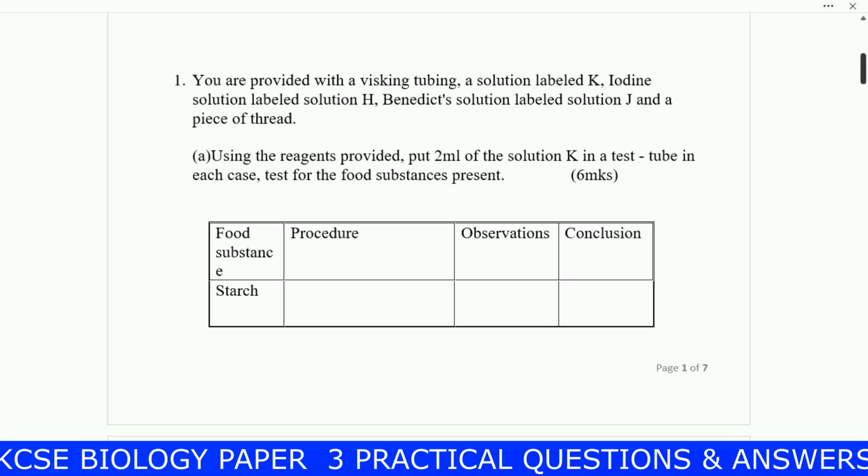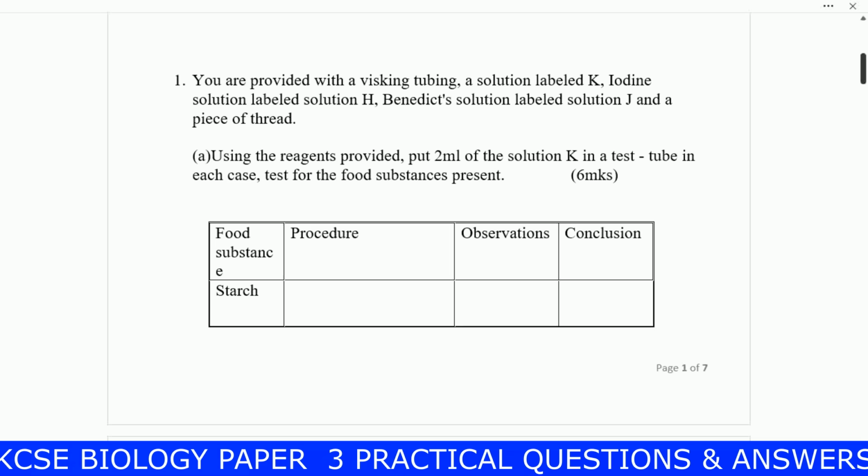So what is important for you is to be very careful. You should also have some knowledge of what you are testing. Once you see iodine solution, what are they testing? Once you see Benedict solution, what are they likely going to test? Which food are they going to test in that specimen provided?